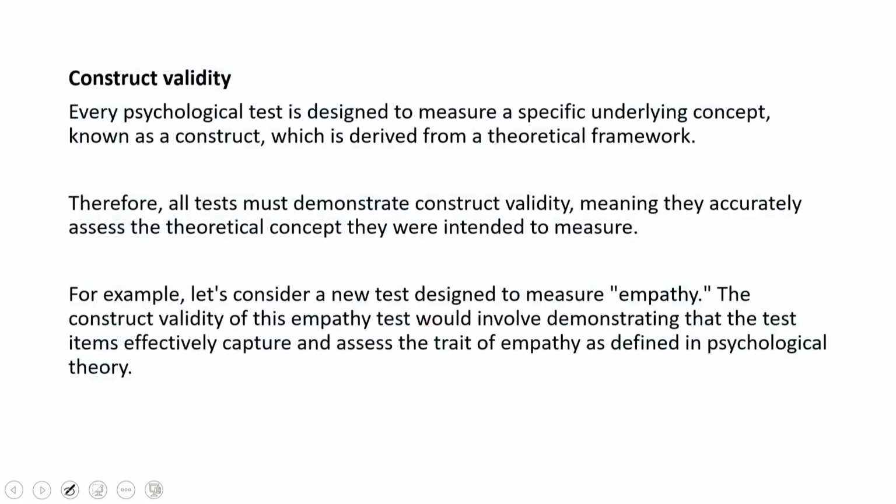Now, construct validity is based on the idea that every psychological test is designed to measure a specific underlying concept known as a construct. Whenever we are measuring something in psychology, it is a concept that we are measuring, and this concept is derived from a theoretical framework.